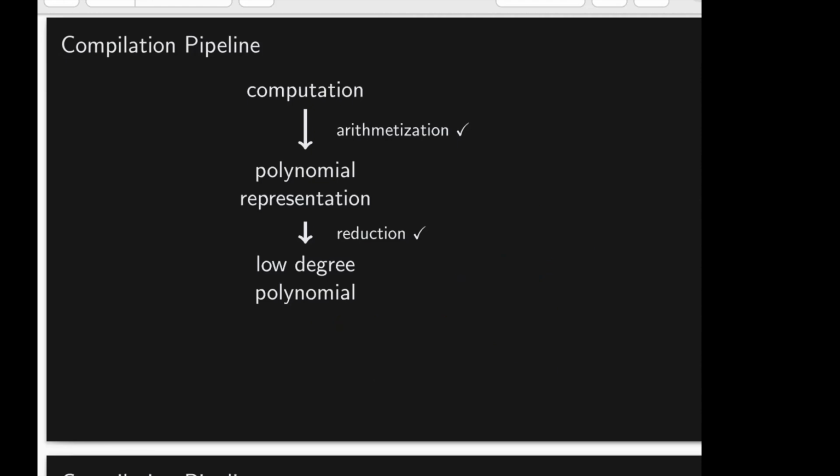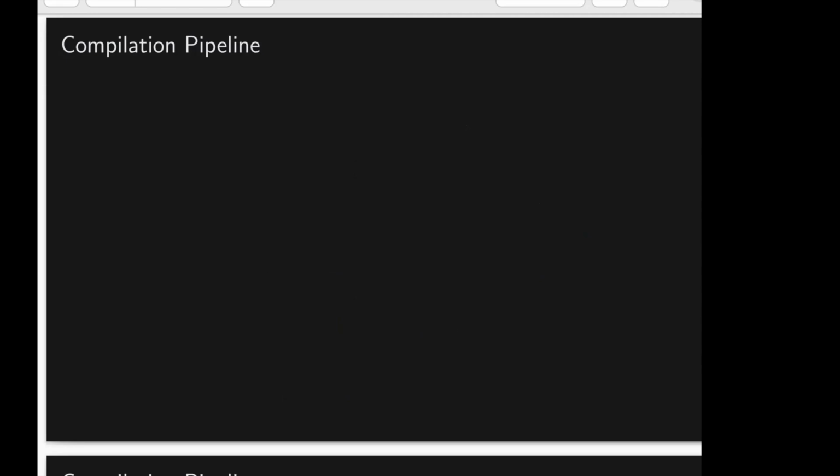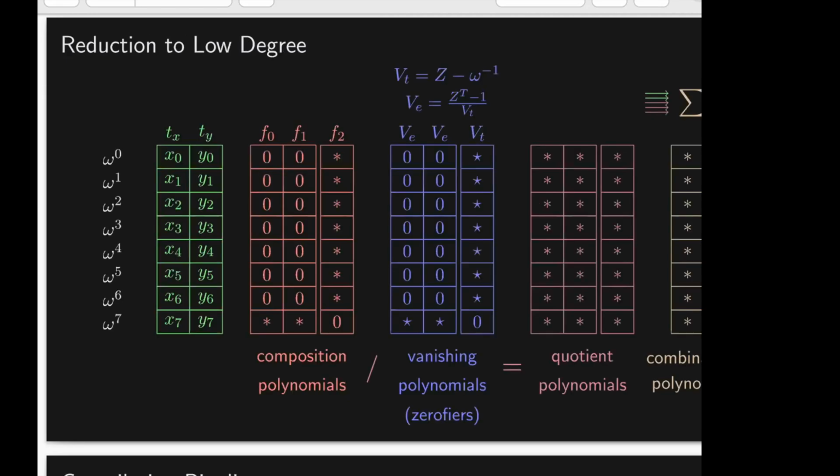By the way, what I forgot to mention here is that if this division fails, you can still plow ahead in the proof system and pretend as though it didn't fail, but then in the end you end up with a polynomial of high degree, very high degree.